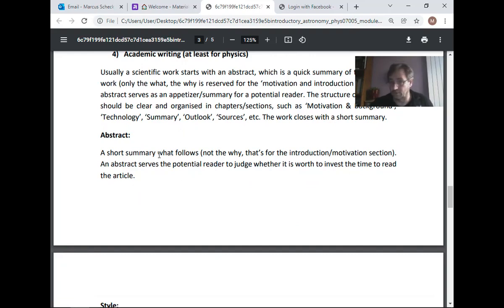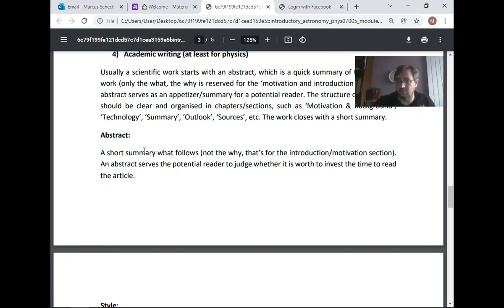Usually we also have an abstract, because time is my most precious commodity. So I read over the abstract. This must be an appetizer. What is inside? Not why, what is inside? This helps me to judge whether it's worth investing my time or not.